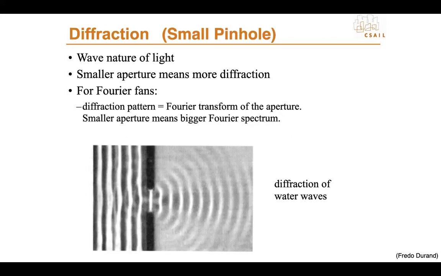Another mathematical interpretation of this is that if we take this information from the spatial domain and transform it to the spectral domain, doing a Fourier transform of this aperture, the smaller the aperture, the bigger the Fourier spectrum, with more frequencies. This relates to the fact that we carry higher frequencies, and we get sharpness as we make the aperture smaller and smaller.